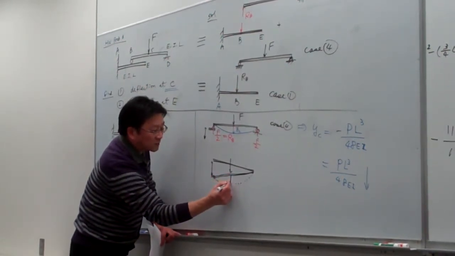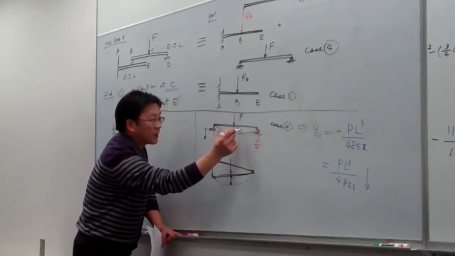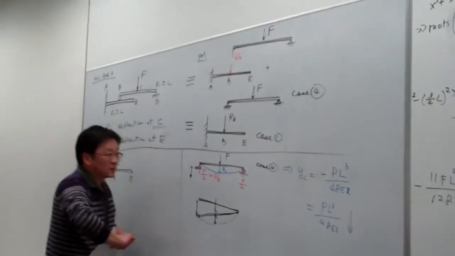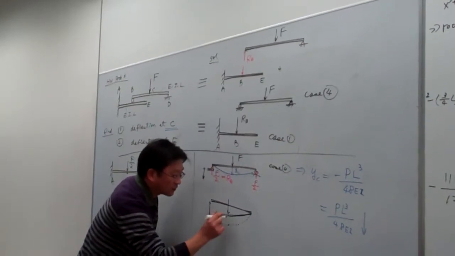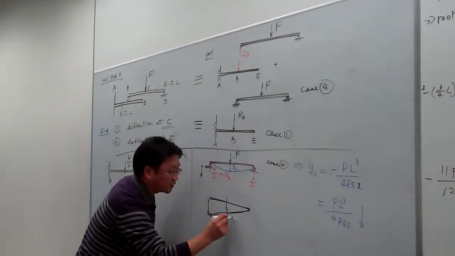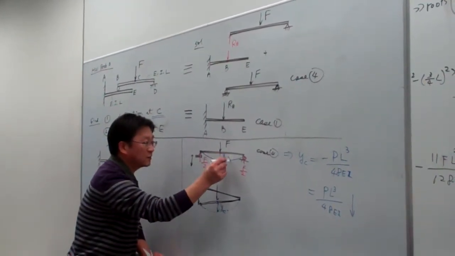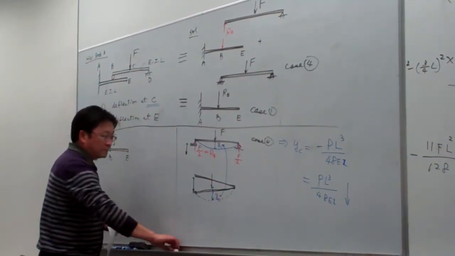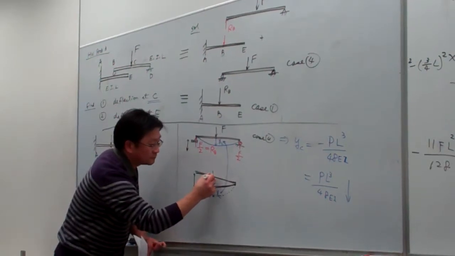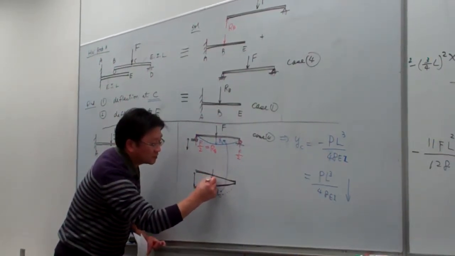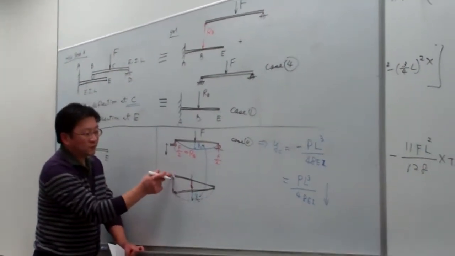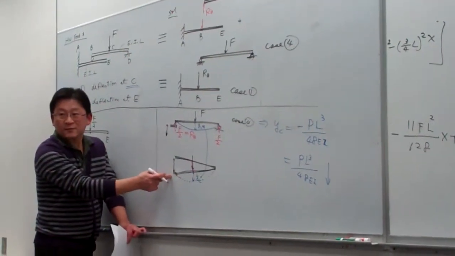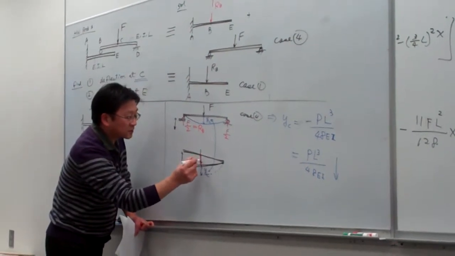So approximately, this is the value we calculated as YC here. Let me use a different color. This one is what we calculated as YC here. And this distance is due to the floating, the movement of the base, right? Got it?